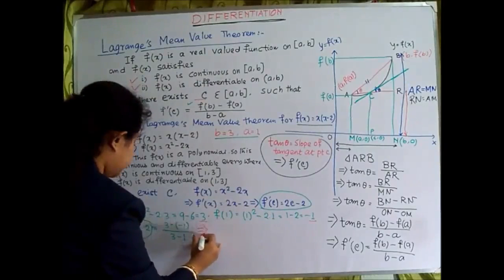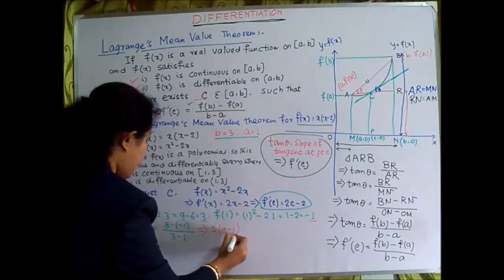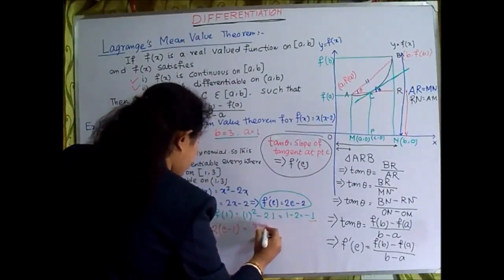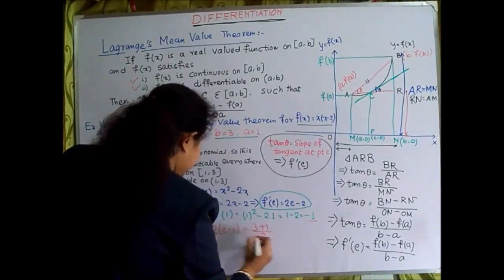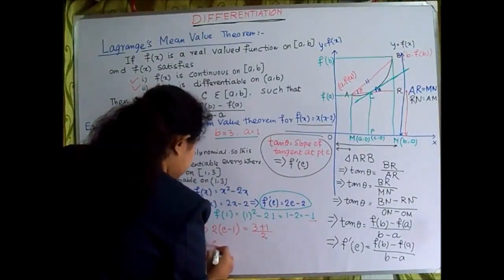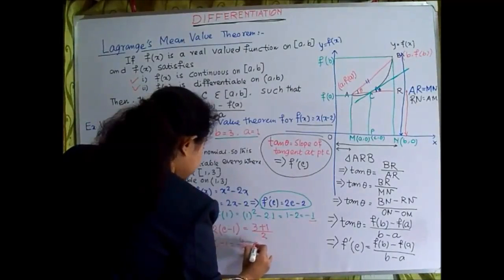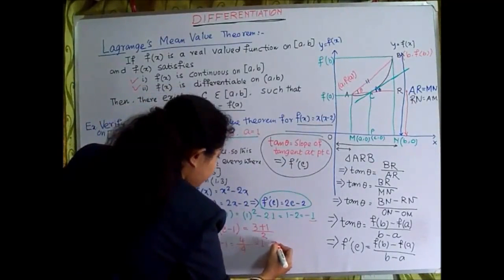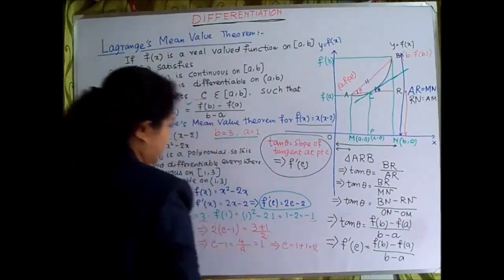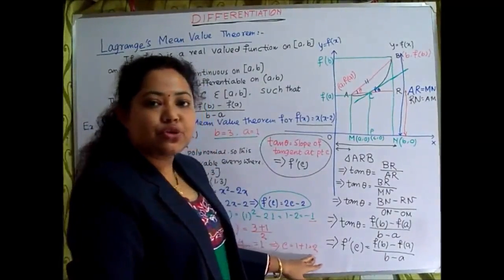So this expression comes out 2 multiplied by C minus 1, which is equal to 3 plus 1 divided by 2. So from this we can write C minus 1 is equal to 4 divided by 4, which is simply 1. So the value of C is equal to 1 plus 1 is equal to 2. So we can say that C is equal to 2.